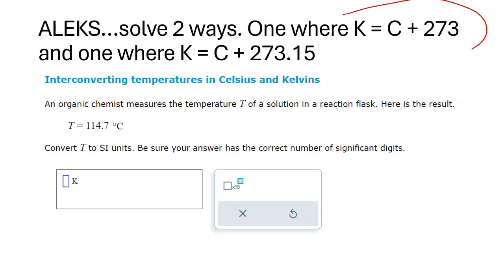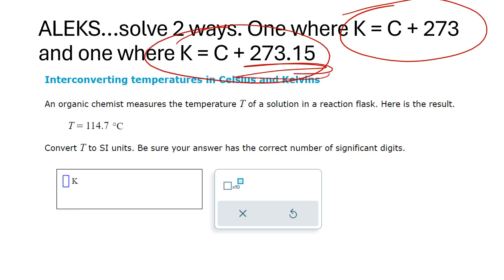Note, you will be asked to convert from Celsius to Kelvin or Kelvin to Celsius using one or both of those, 273 or 273.15. If I were to ask students in their class that remembered learning this in high school, if their teacher used 273 or 273.15, it would probably be split down the middle.